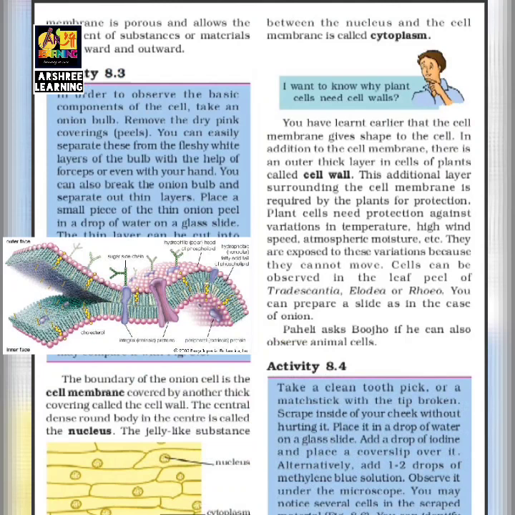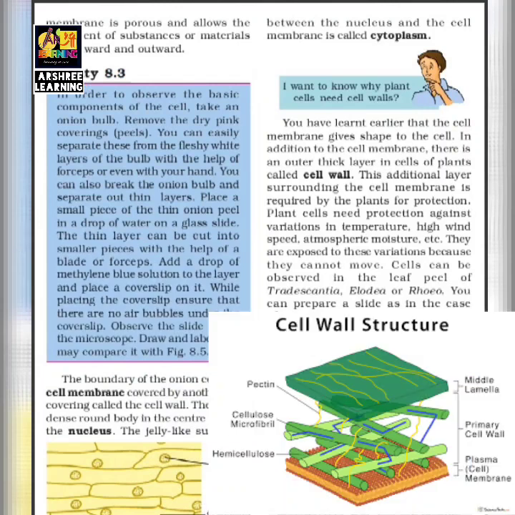Now, outside every cell there is a cell membrane. The boundary of the onion cell, if we see in activity 8.3, shows that if the skin of an onion is seen under a microscope, we will see that the outermost layer, which is the cell membrane, is present in the onion cell also. This cell membrane is covered by another thick covering, which is called the cell wall.